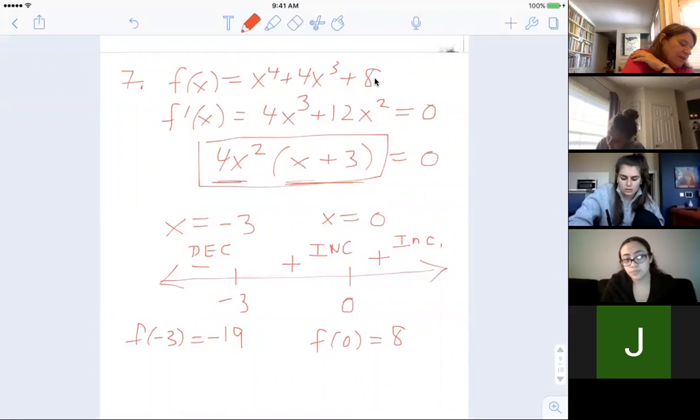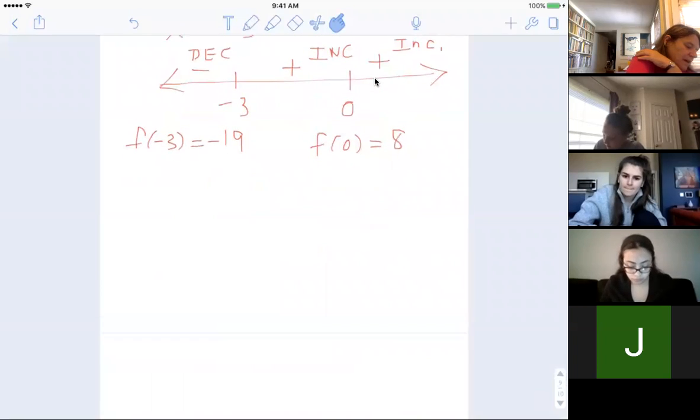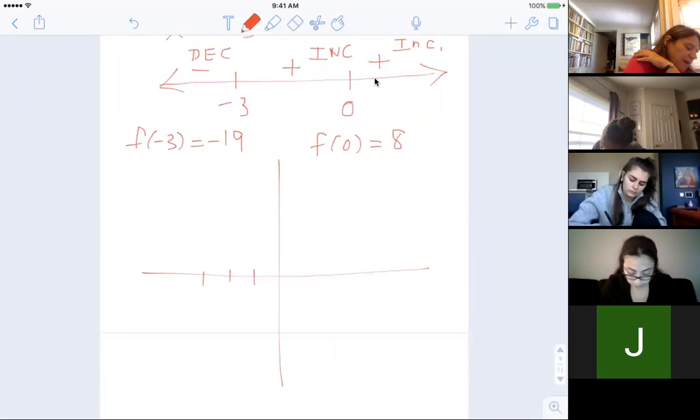So if I were looking at graphing this problem without looking at the calculator, although I could if I wanted to, I would do this. I'd plot my -3, -19. I'm just sort of making my own scale here, guys. And I'd plot 0, 8, which would be up here somewhere.